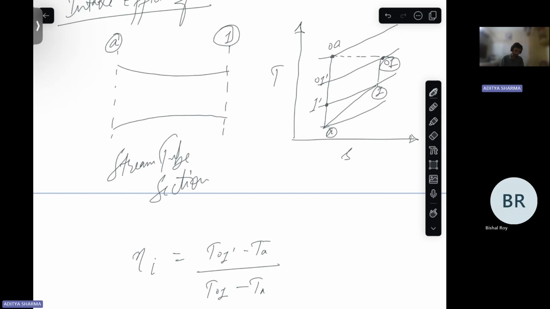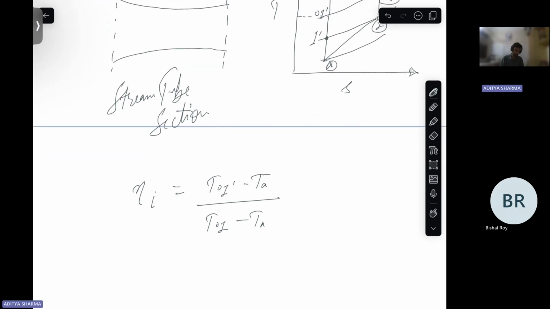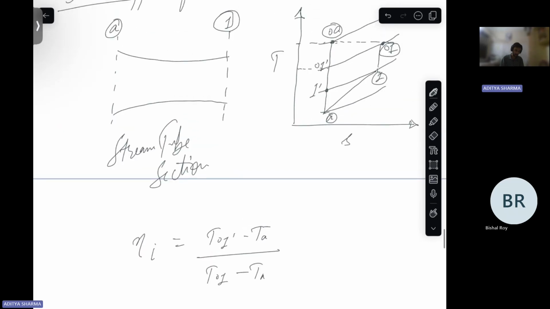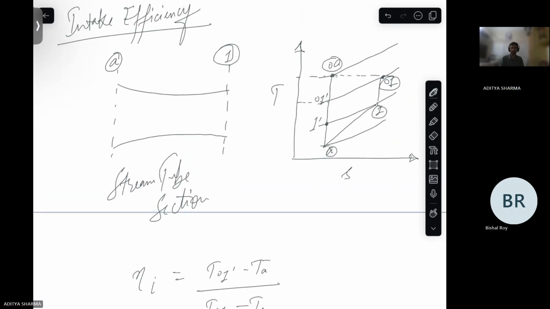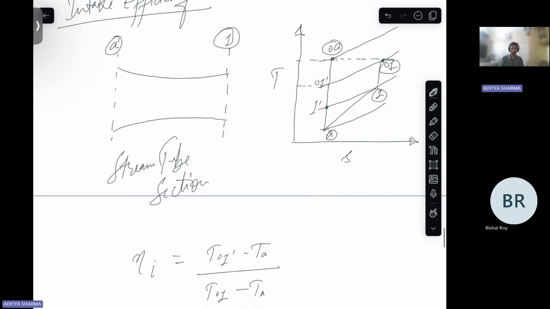These two temperatures, first is this temperature and second is this temperature. T naught A minus T A is in the denominator, T naught 1 dash minus T A is in the numerator. So this can be used to define the intake efficiency.